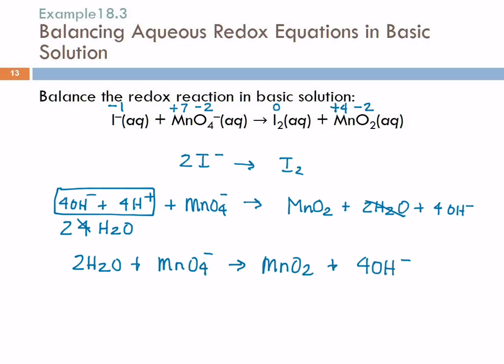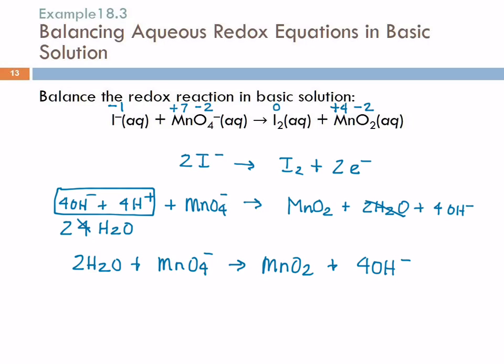Any questions? Got our mass balance. Now we need to take care of charges. In the iodine, I've got a -2 charge on the left, so I need to add 2 electrons to the right. And down here, I've got -1 on the left, -4 on the right.